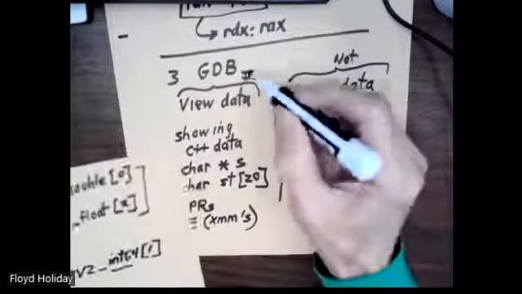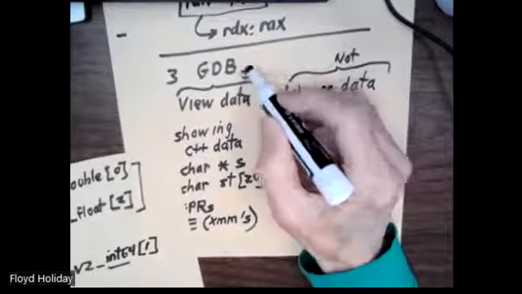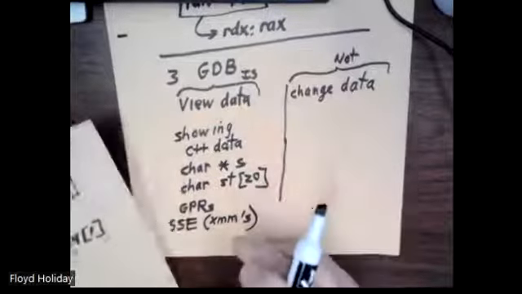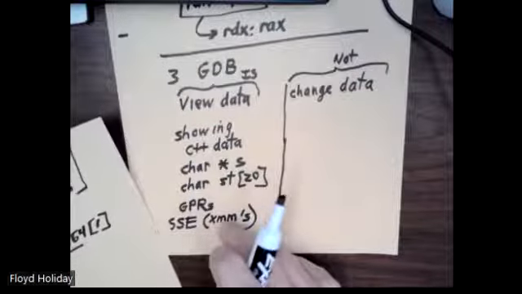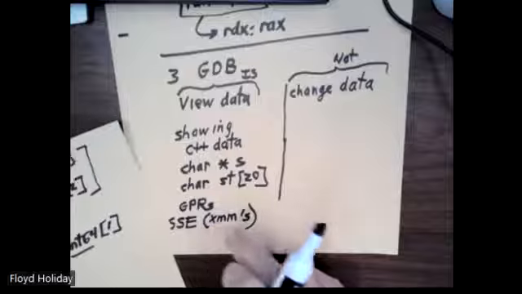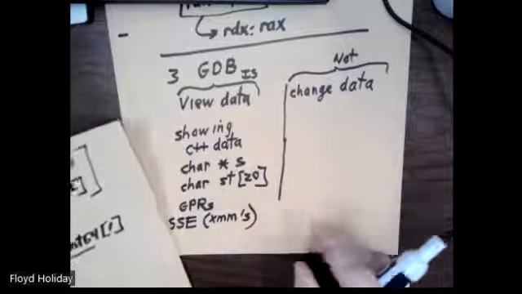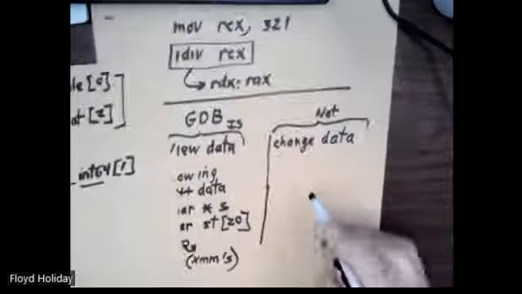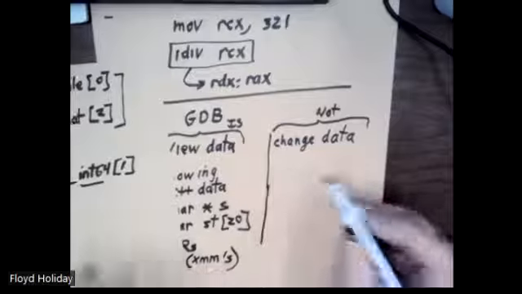Oh, the GDB is all about viewing things, not modifying data. And that includes the SSE registers and the GPR registers. We never did this part, so there won't be any question about that.